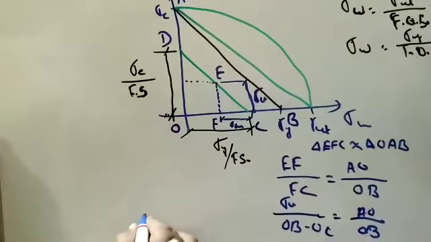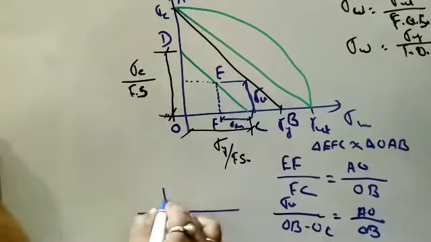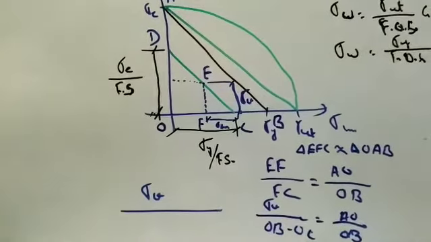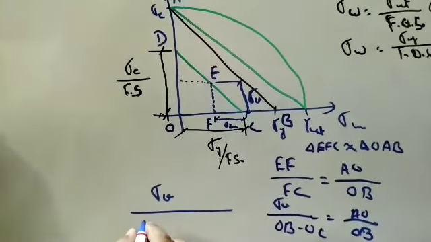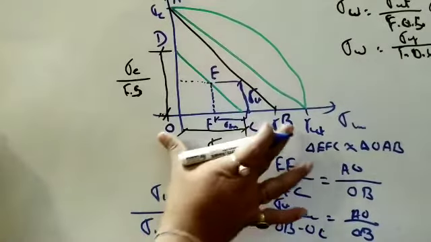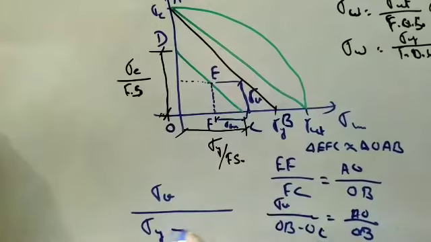Now if I write this, sigma V over OB, where OB basically represents the yield stress, that is sigma Y, minus OC.